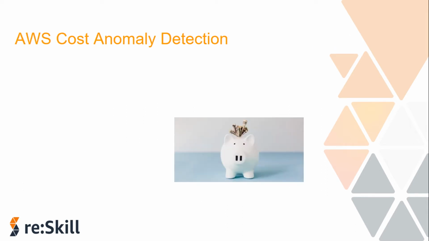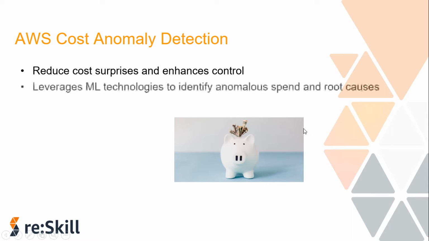Okay, next thing that we have got is cost anomaly detection. With the help of AWS cost anomaly detection, you can reduce cost surprises and enhance control without slowing the innovation. Okay, and this also leverages advanced machine learning technologies to identify the anomalous spend and root causes, so you can quickly take action.